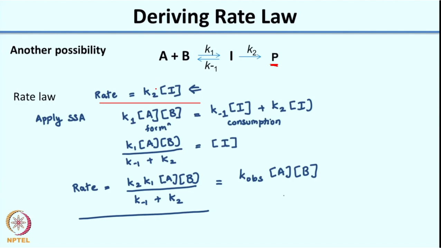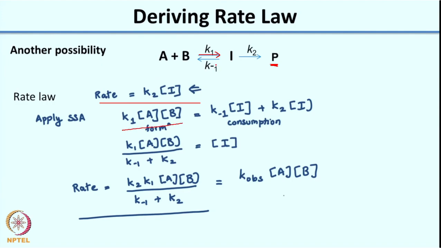So again we have to write the formation and consumption rates. In terms of the rate of formation of intermediate, the K1 equation will be considered for writing the formation rate. So K1 will be your rate constant, then the concentrations of A and B will be there in the rate equation, because these are the substrate reactant concentrations. So this is your formation rate.